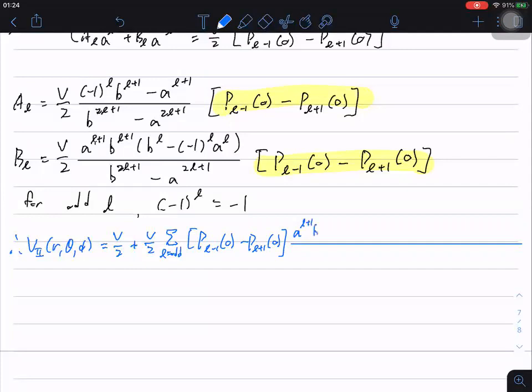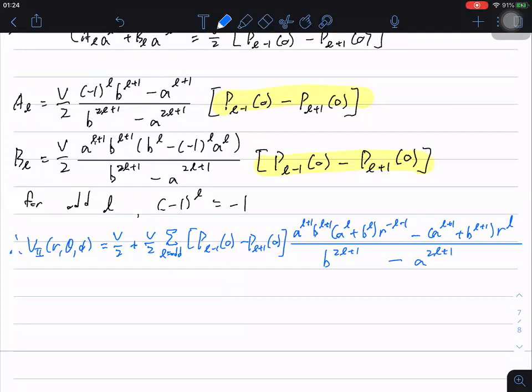The solution consists of a lot of terms here. So here is the R to the power of -L-1 term, and here is the R to the power of L term over this term.